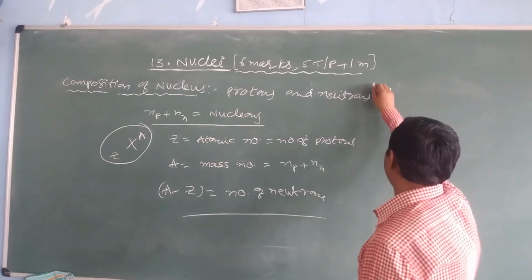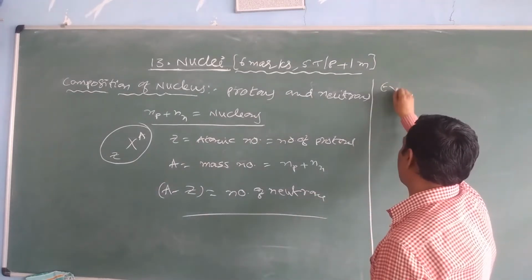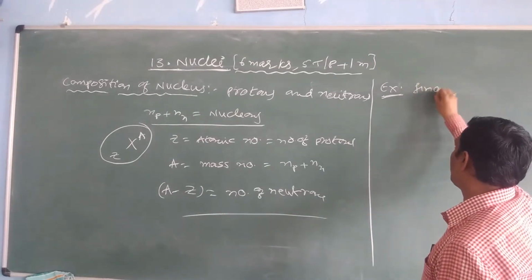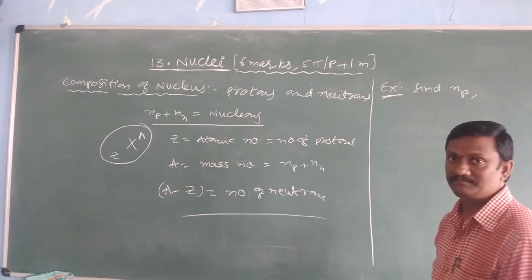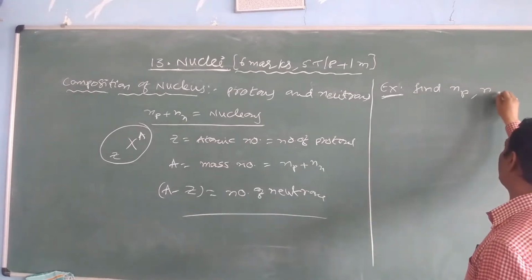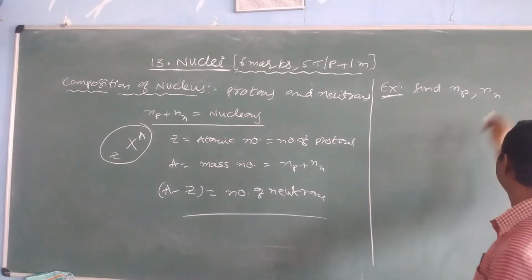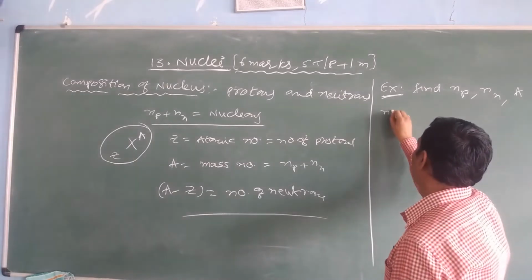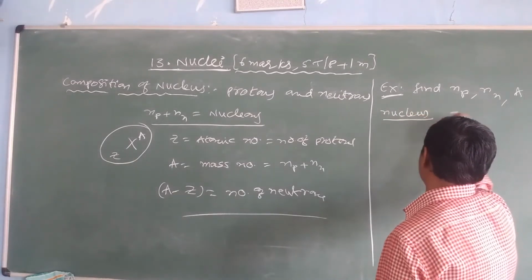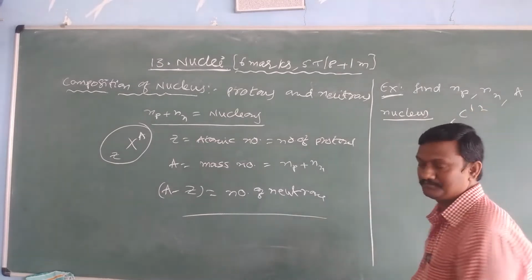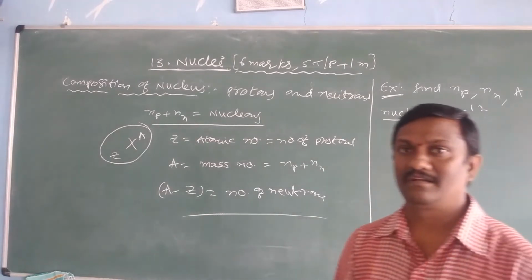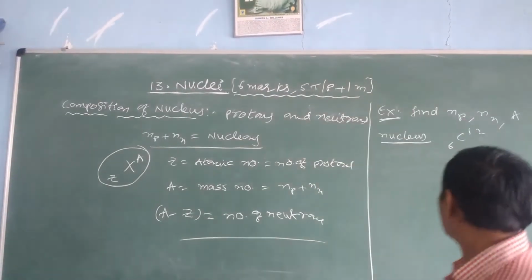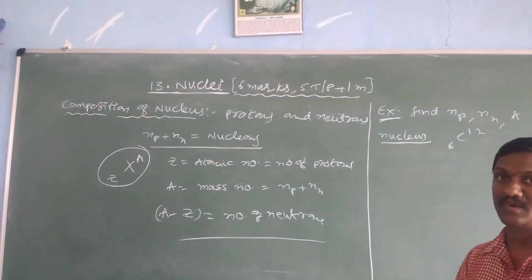For example, consider one example. Find the number of protons, number of neutrons, and mass number of a nucleus given as carbon 12 with atomic number 6. In this example, how many protons, how many neutrons, and what is the total number of nucleons?